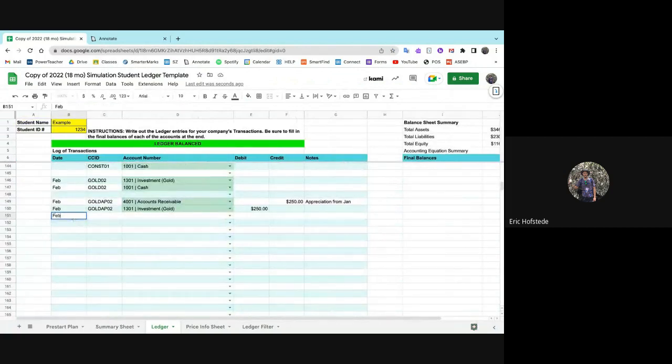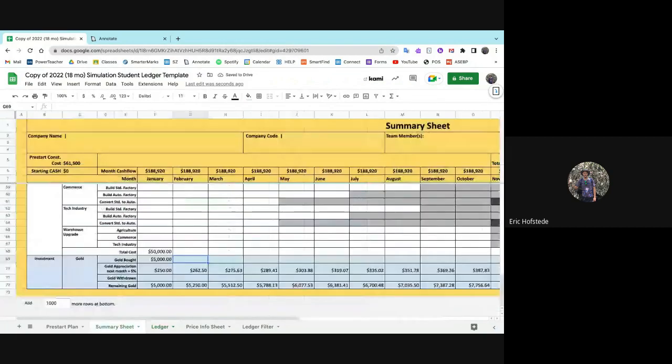All right. You'll see this happens. You'll have this gold appreciation of four lines after that first month, because you're going to turn that amount from the previous month into gold, and that's going to give you your remaining gold number in your chart of accounts.